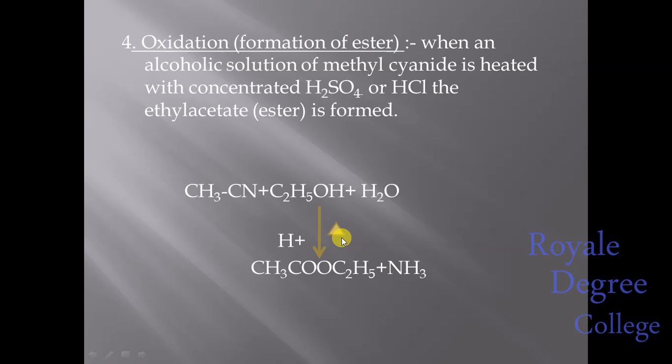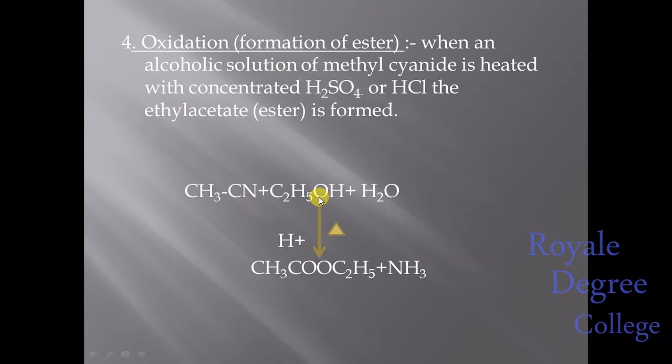Then here what is happening? See here, methyl cyanide is there. From this particular carbon of methyl cyanide, this nitrogen is coming out. In place of nitrogen, first of all, from the water molecule 1 oxygen is going to attach to that carbon.